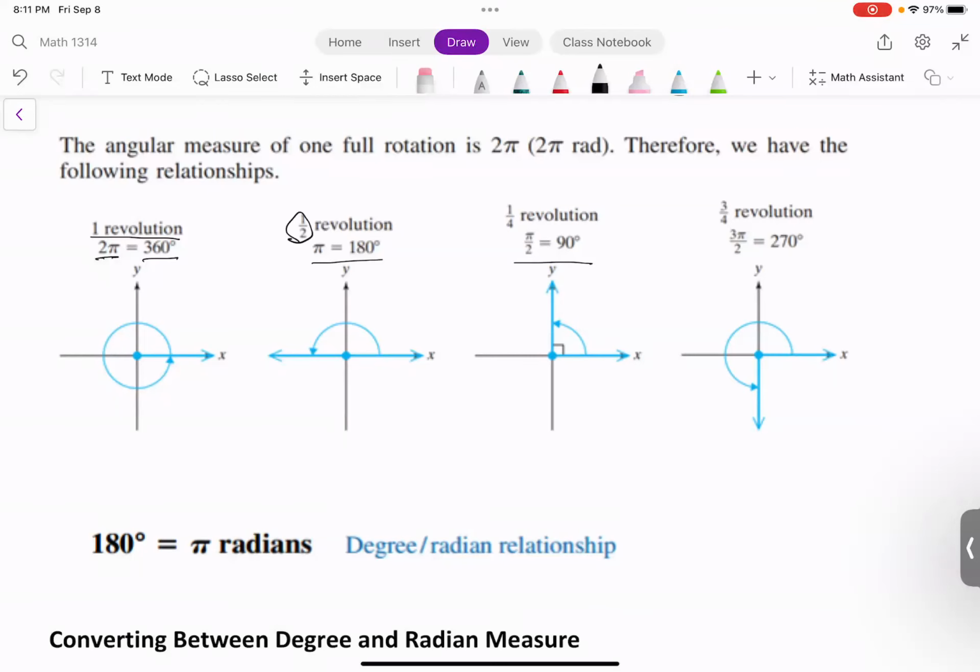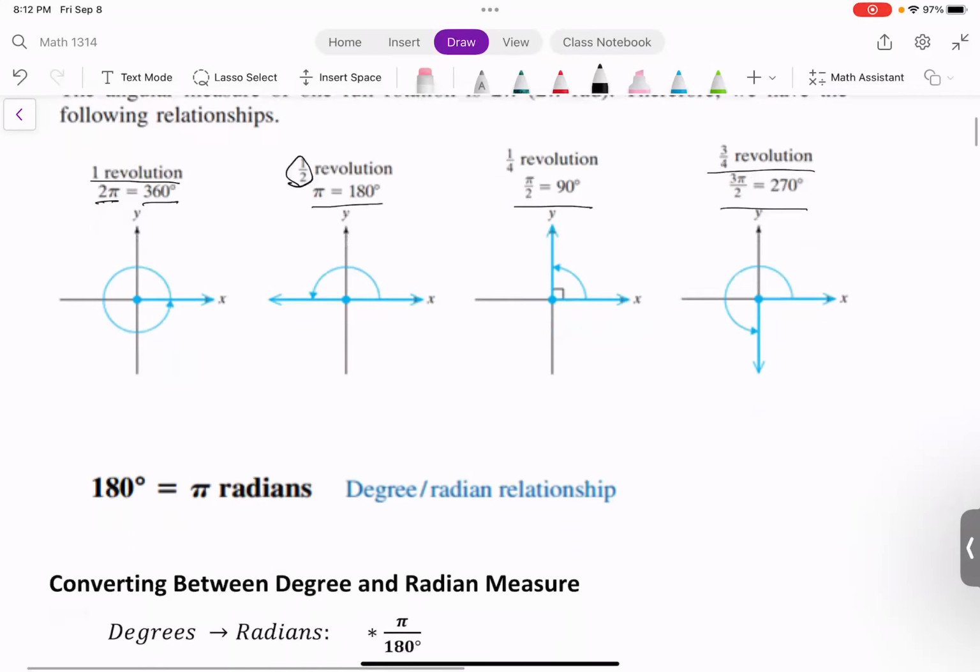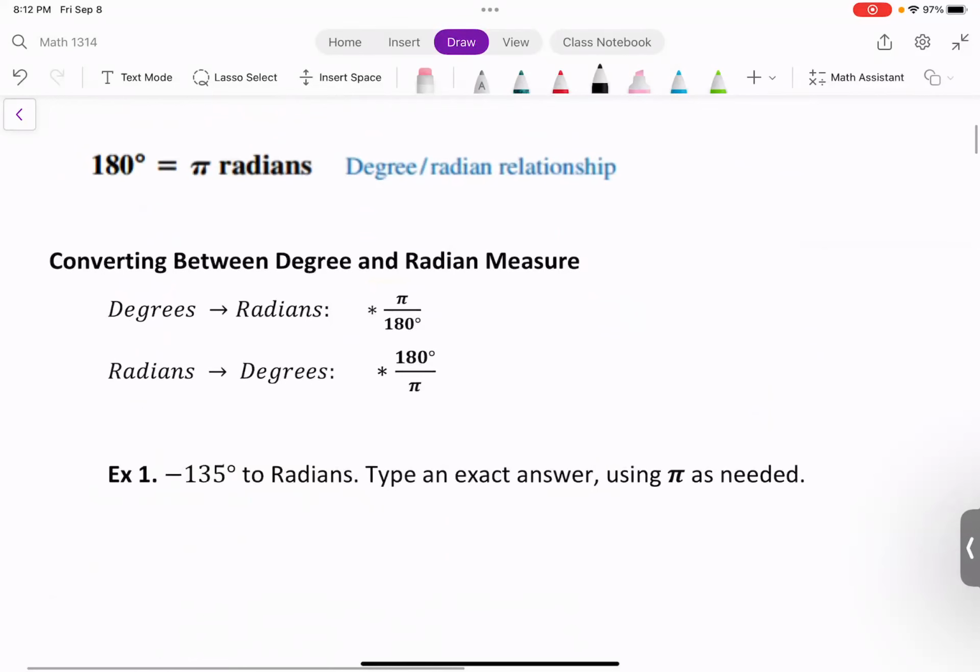Pi over 2 equals 90 degrees. How about 3/4 of the revolution? That's 3/4 times 2 pi, 3 pi over 2, and also equals 3/4 times 360 degrees. That's 270 degrees. Okay, 180 degrees, that's a half rotation or half revolution. That is pi in the radian mode.